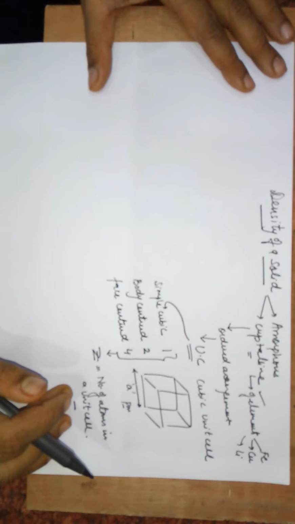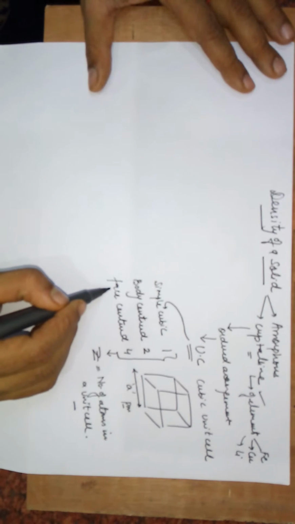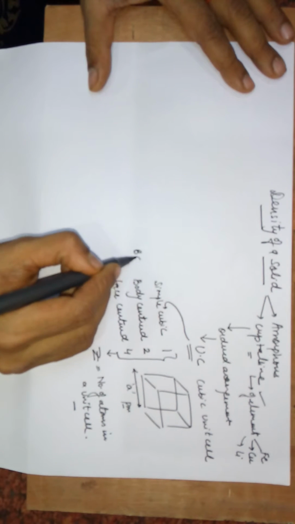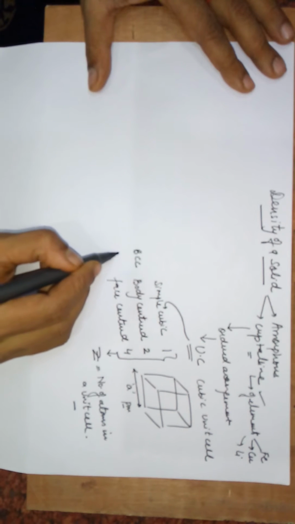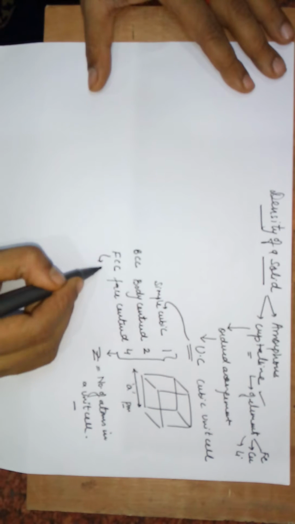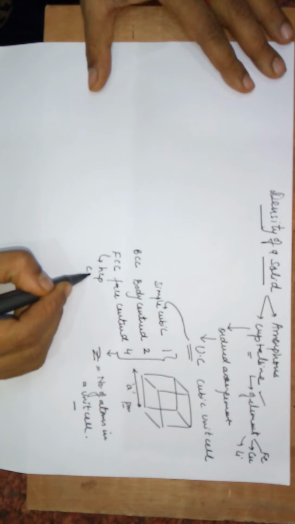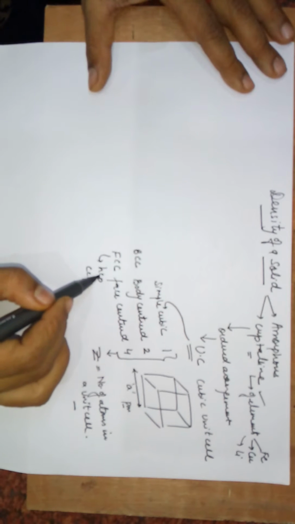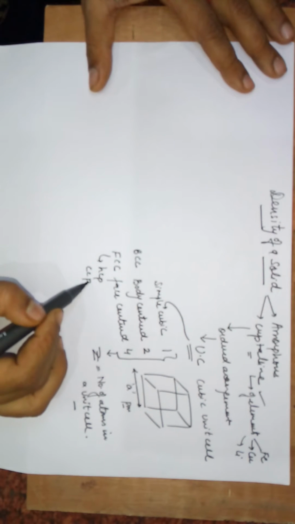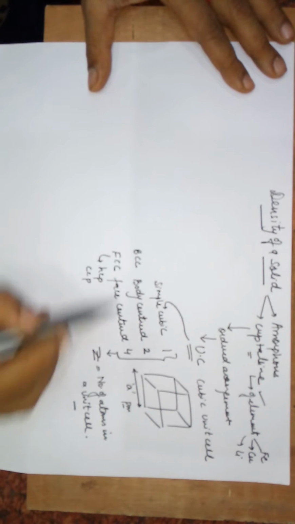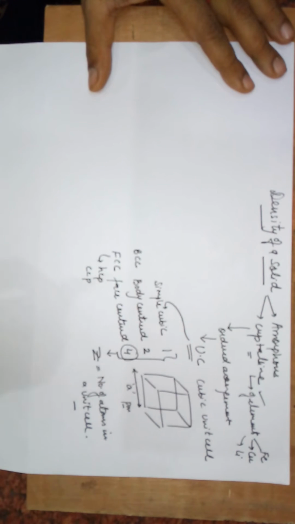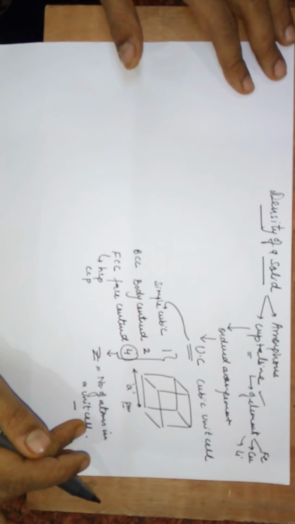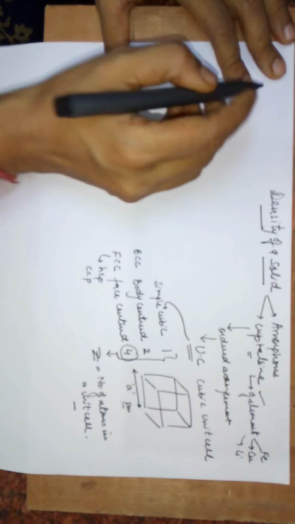At times body-centered is written as BCC, face-centered is written as FCC. This can also be written as HCP or CCP, so don't get confused. If it's written hexagonal close packing, cubic close packing or face-centered cubic, you would take your Z value to be 4. Moving on to the topic that I'm going to do today, which is density.